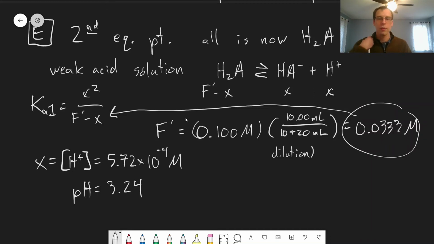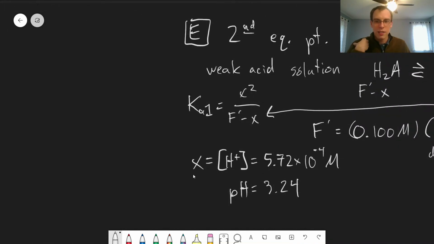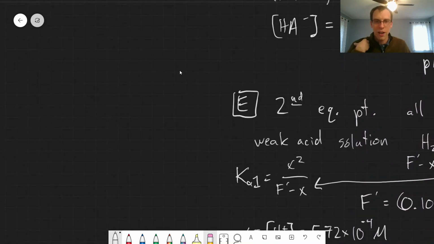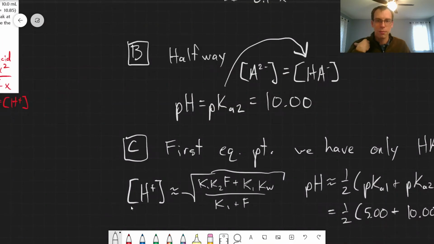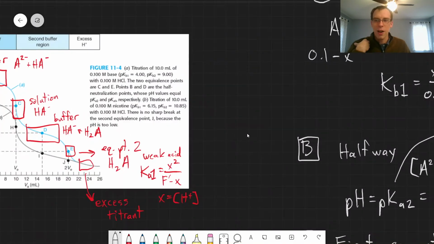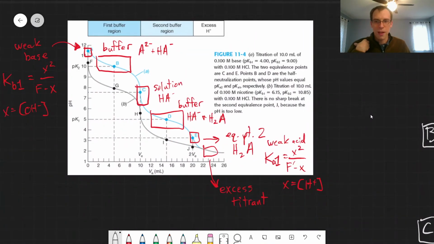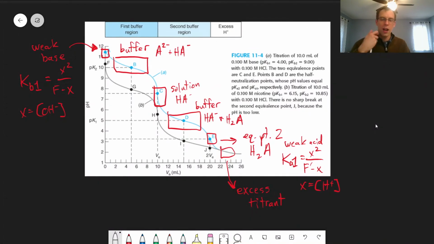Now, one thing I just want to point out when we're looking at polyprotic acids and bases, we can do all these calculations, is that sometimes it's hard to actually see the equivalence point. I got to find my plot, here it is. So if we come back to this chart here, on the bottom here, this curve right here, this is a titration for nicotine, which has pKb values listed here, 6.15 and 10.85.